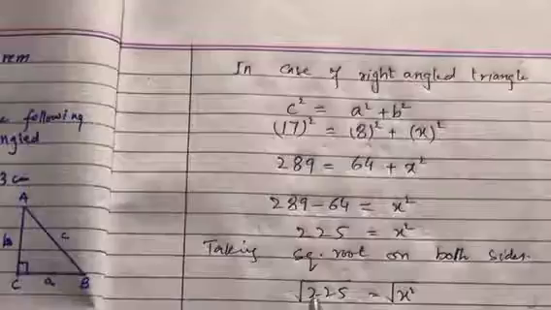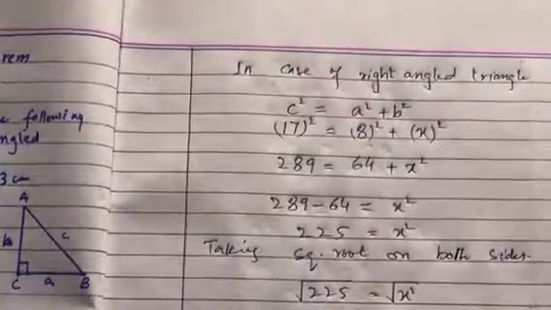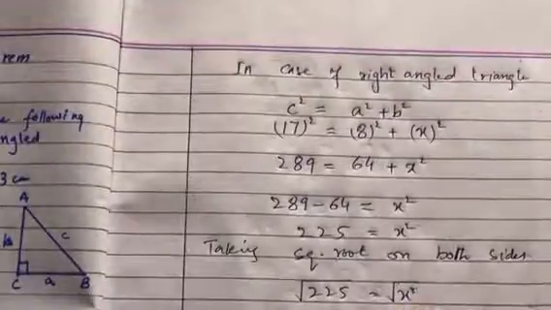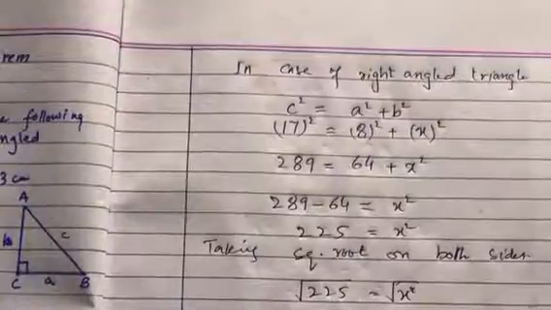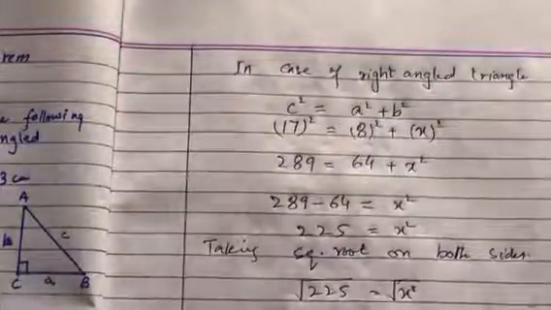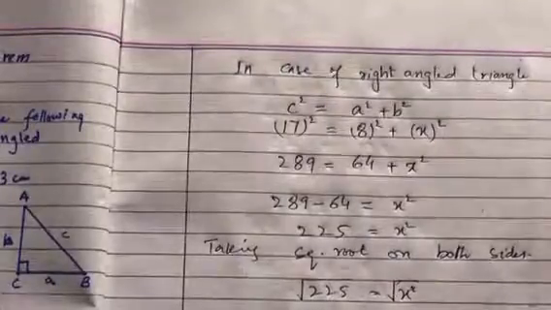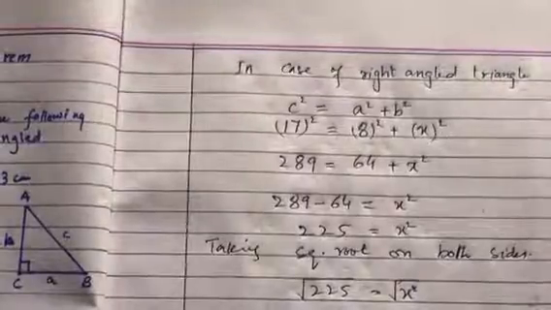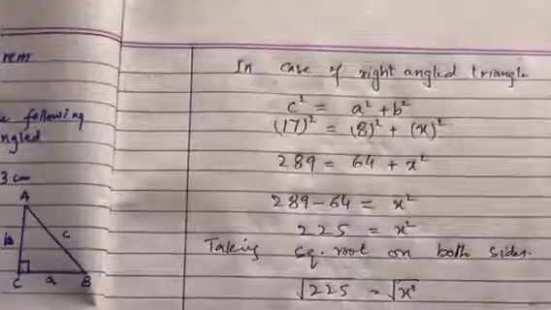The square root of 225 is equal to 15, and the square root of x square will cancel each other out, so x is equal to 15. Thus the base of the right angle triangle is 15.